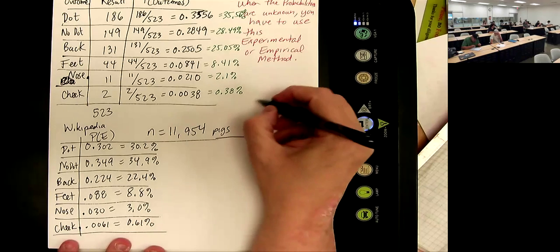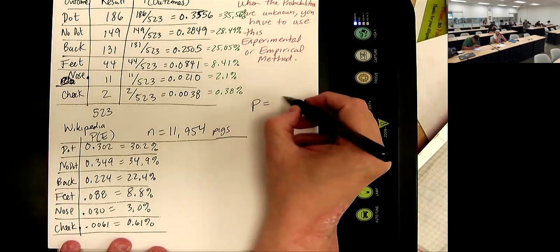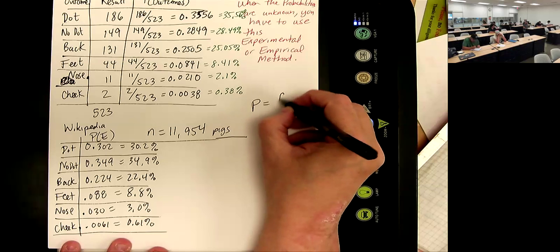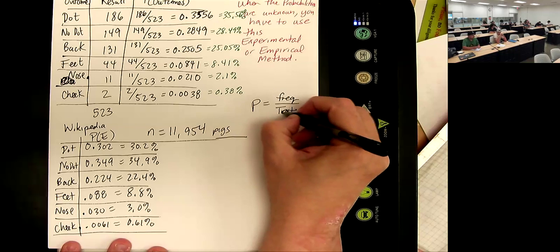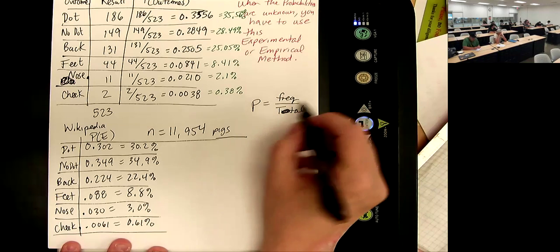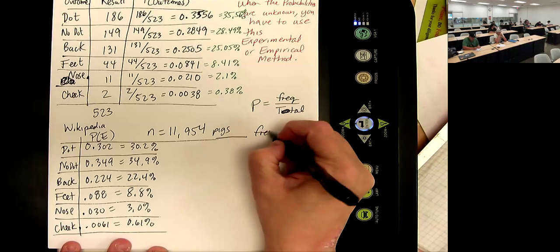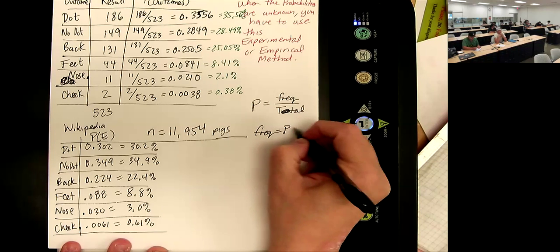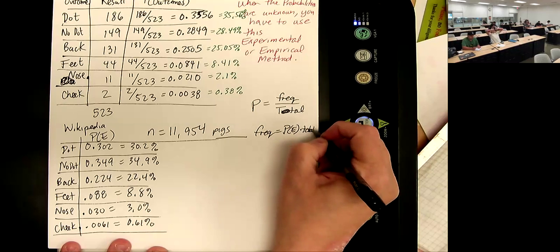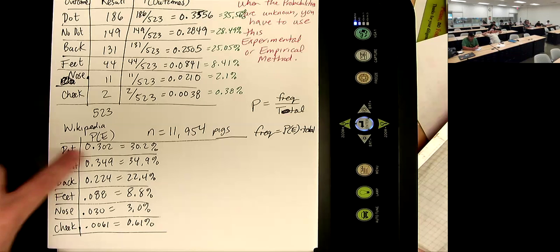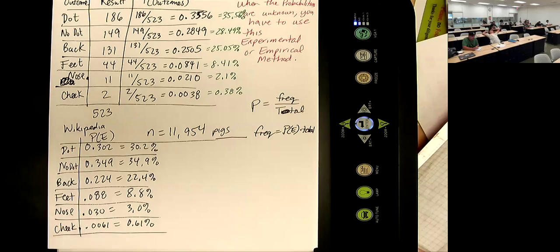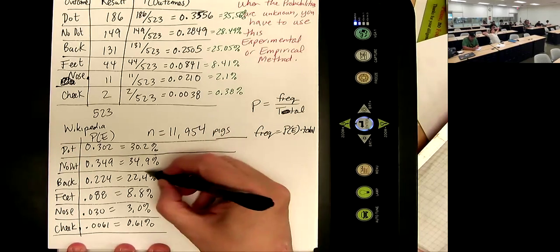Probability equals the frequency over the total, which means frequency equals the probability times the total. We were just clearing fractions in the last class, in 321. We take the decimals, not the percentages, and find their frequency.